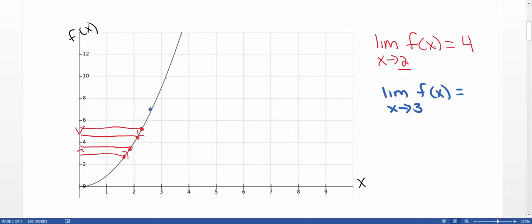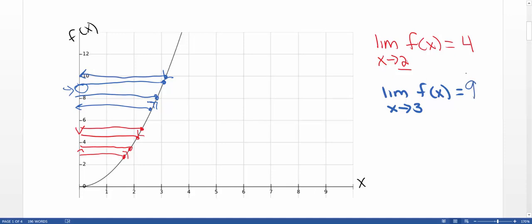So again, I'm going to pick values close to 3, and I'm going to use those to see what y values I'm approaching. So I start somewhat close to 3, but then I move closer and closer on either side to where that 3 is. I'm moving up from the left and down from the right, and I can see that the y value I'm approaching is going to be approximately 9.